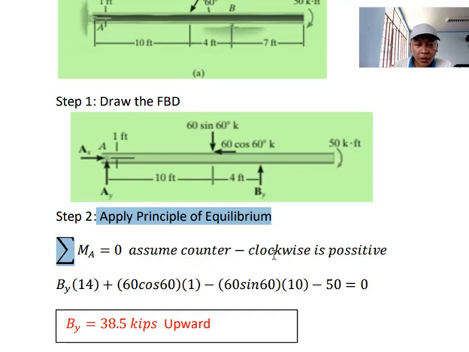Assume counterclockwise is positive. So By is tending to rotate counterclockwise with respect to A. So positive By times 14, plus another counterclockwise moment, which is 60 cos 60 times 1.